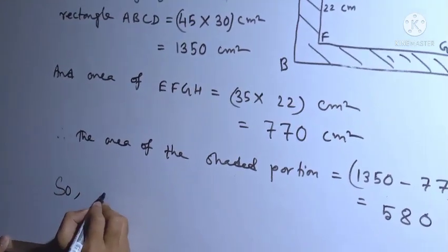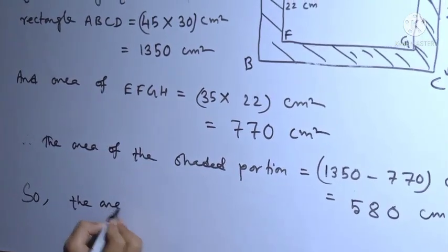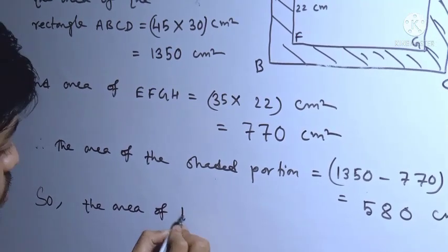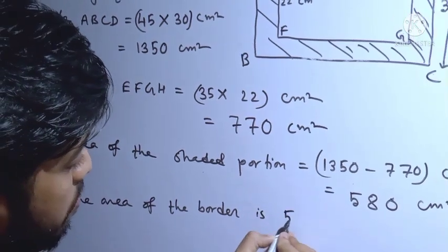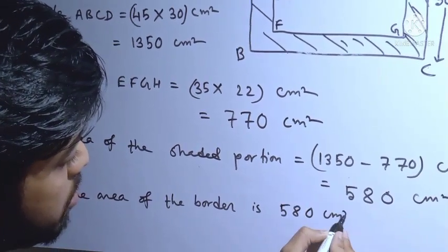So the area of the border is 580 centimeter square. This is the answer.